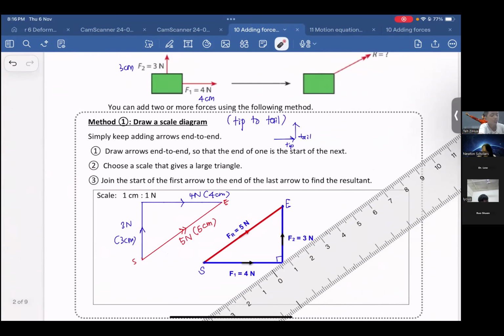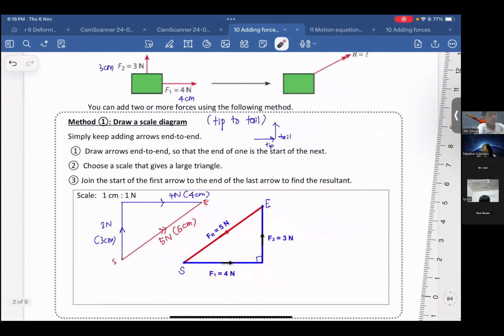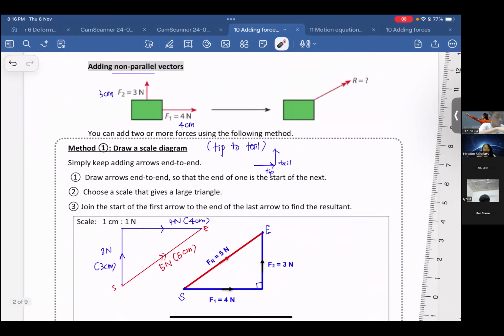So I repeat one more time. When we want to draw a vector diagram, we have some rules. What are our rules? Tip to tail rules. Here is your tip, followed by the tail of your arrow. So I can say one force, then you continue by another force.